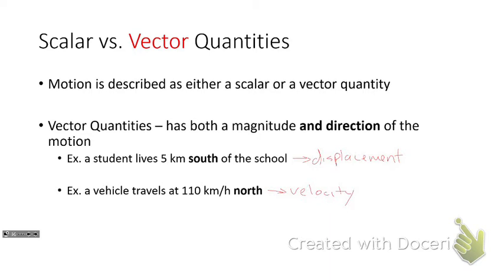A couple examples of vector quantities are displacement, velocity, force. The acceleration due to gravity on Earth is pulling all of us towards the center of Earth. That's what's keeping our feet and our chairs on the ground. So the force is acting in a downward direction, so that is a vector quantity.